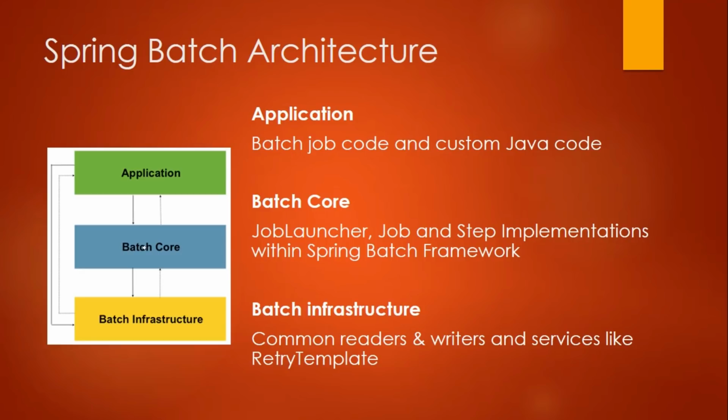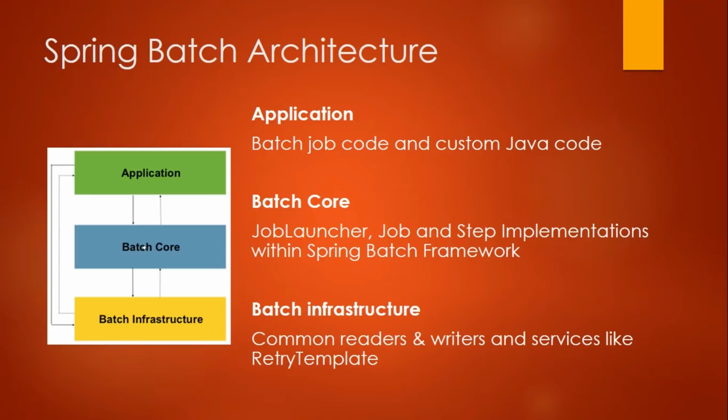And the next one is batch infrastructure. Batch infrastructure is going to take care of your application as well as Spring Batch core. What batch infrastructure does is it takes care of restarting the job in case of failure, and it also has functionalities like readers and writers, which I will be discussing more in coming slides.